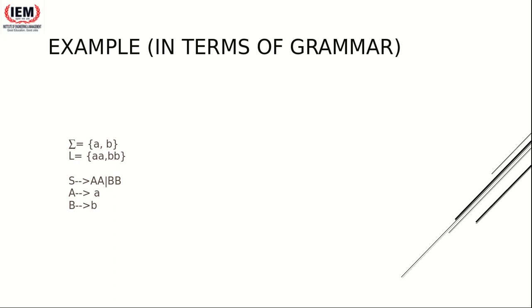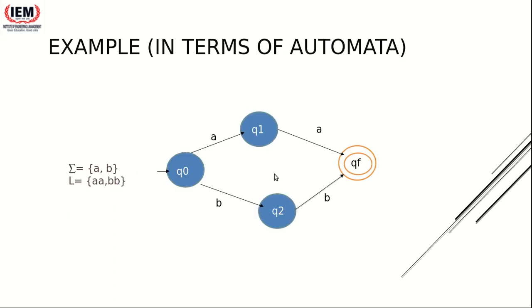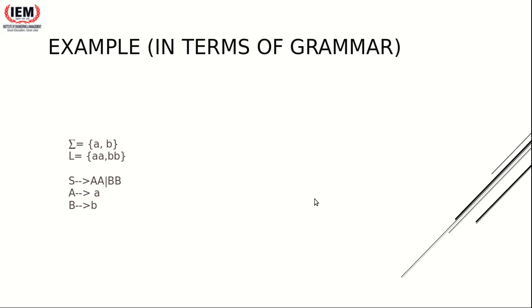Next is understanding language in terms of grammar. Now this is also a very elaborate or detailed part that we will cover in our next lectures, but just to start off with, again, if your alphabet set is A comma B and your language contains A comma B and you are asked to construct a grammar. Here you were asked to construct the automata machine. Here if you are asked to construct the grammar or to check whether this is a correct grammar for this language, what will you do?